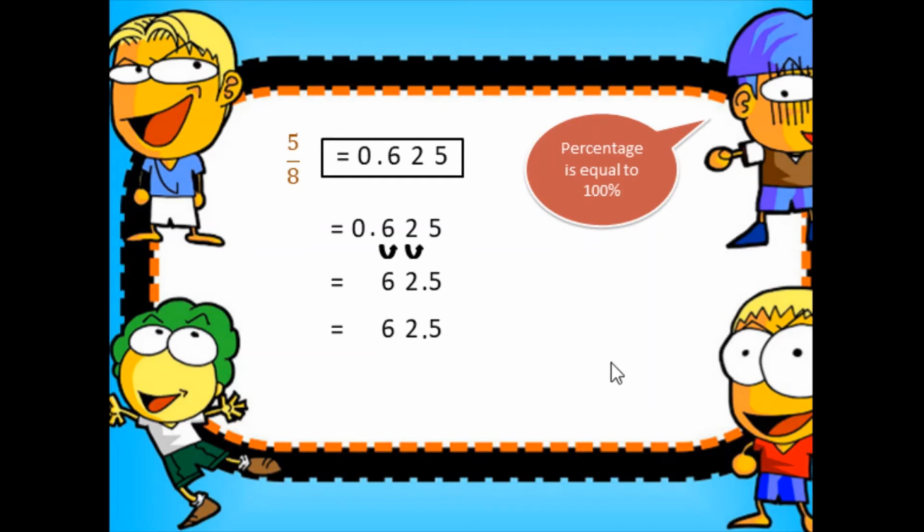You have to add the percentage sign. And now, it becomes 62.5%. That's equal to 5/8. Do you understand? Okay.